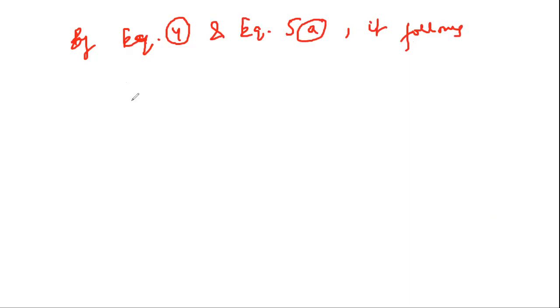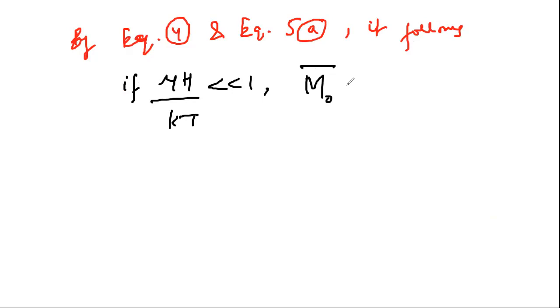If mu h by kT is much less than 1, then our magnetization is proportional to h, and the constant of proportionality is written by this Greek letter. It is called chi, I think. We'll check it.